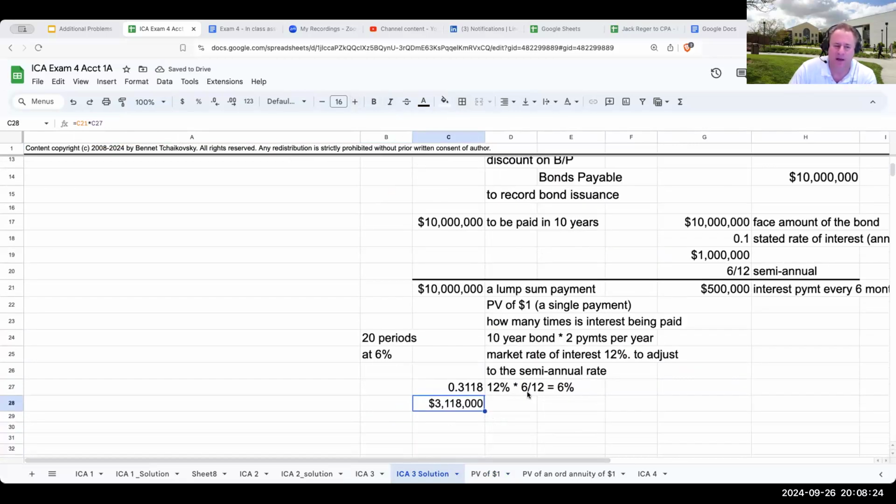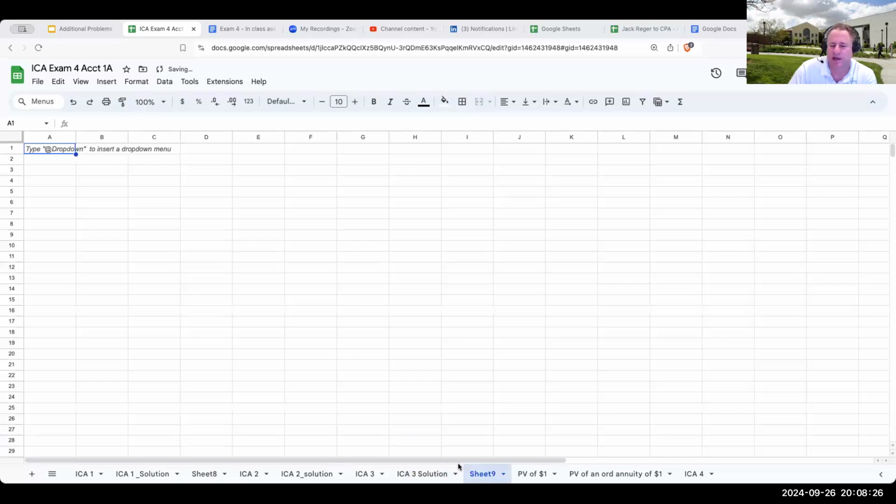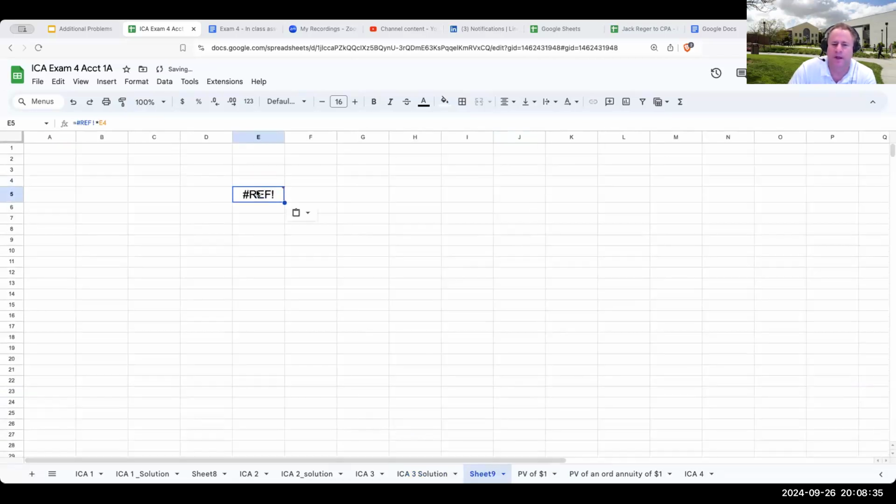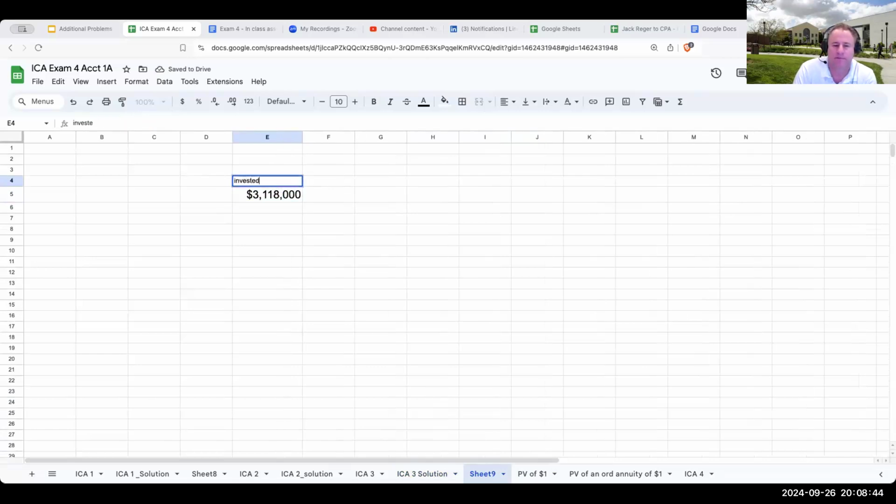Now you might be saying to me, Bennett, that's absolutely crazy. How is this 3.1 million worth $10 million? Well, if I were to say, okay, what if I invested this amount, and the interest rate, every 6 months, was 6%, which is really what we're saying it is.